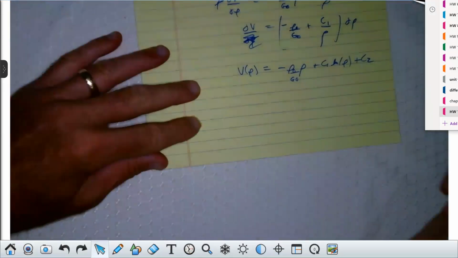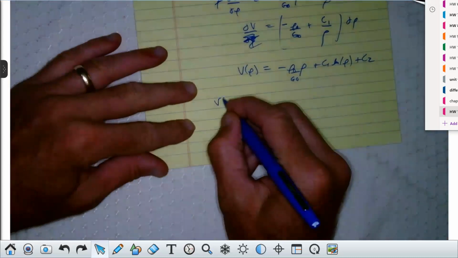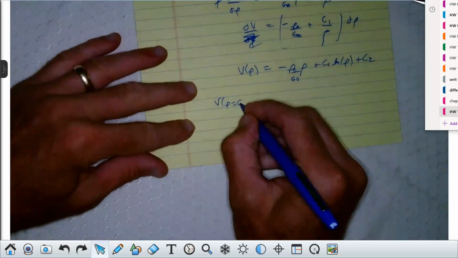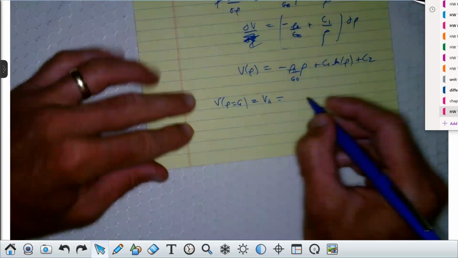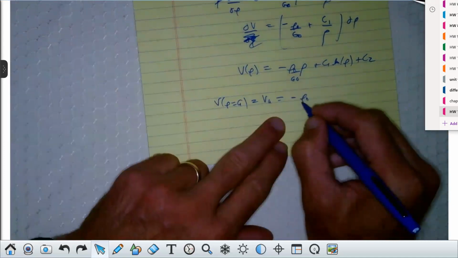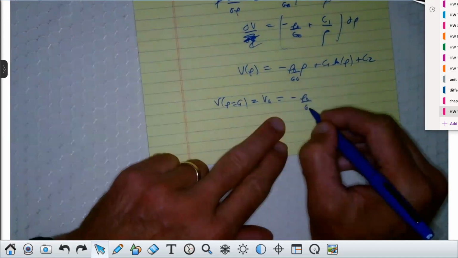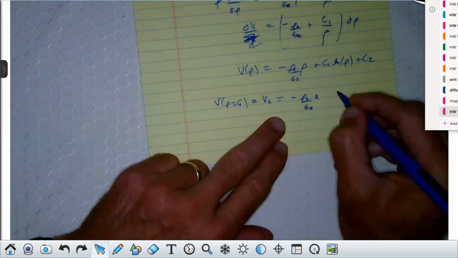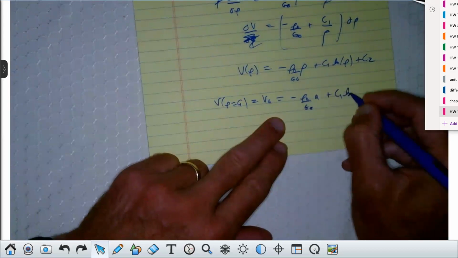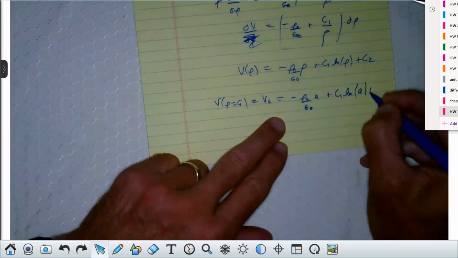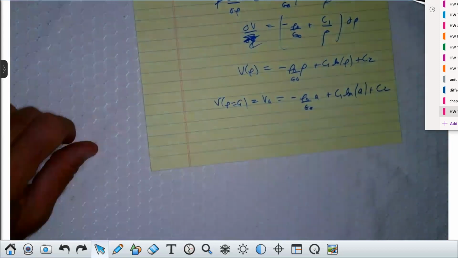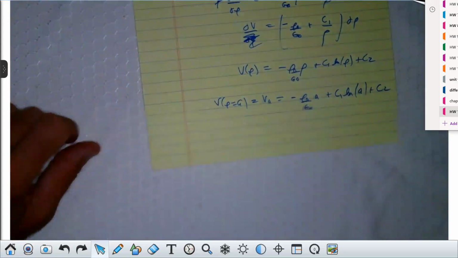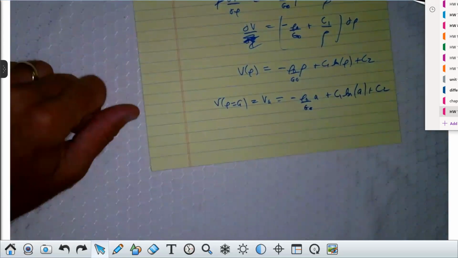Now I say that V at rho equals A is just VA, and that's equal to minus rho naught over epsilon naught A, right? Plus C1 times the natural log of A plus C2. I'm just plugging in values, correct, class? Go ahead, catch up with me.